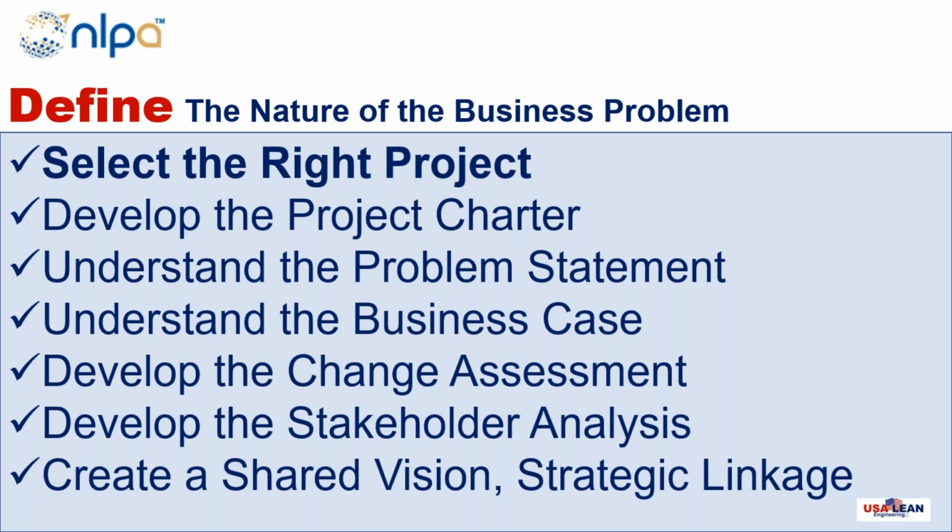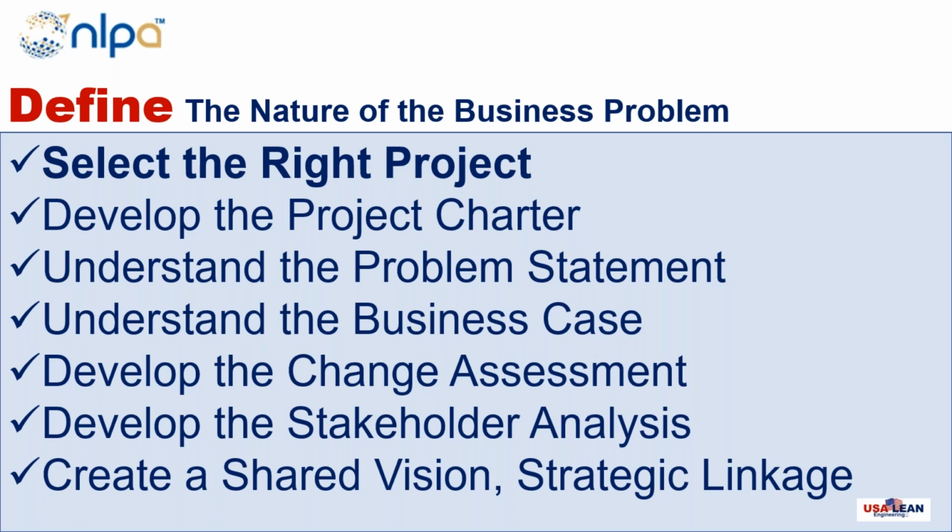We develop an effective project charter, so everybody's on the same page, 1 to 2 page document. We prepare an effective problem statement where we describe that statement. This is the problem that we're trying to address. And the anatomy of a good problem statement is that it articulates how long a problem has been occurring.